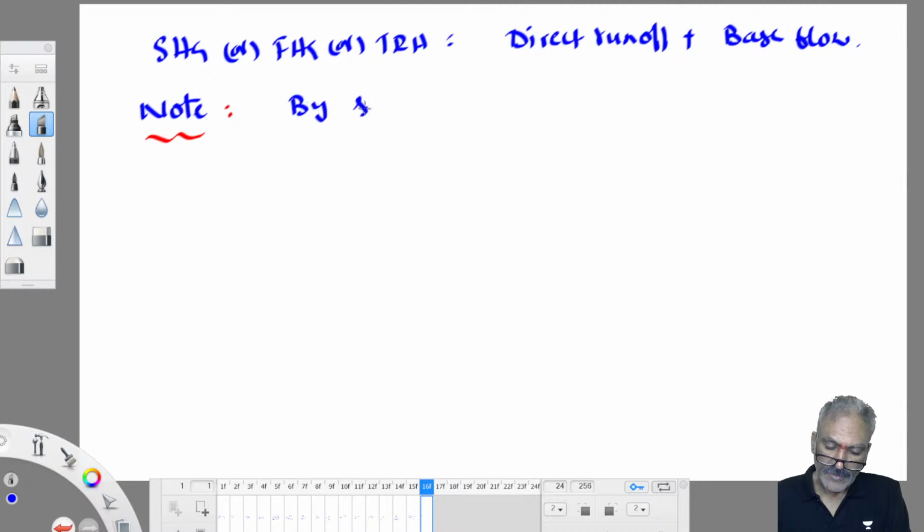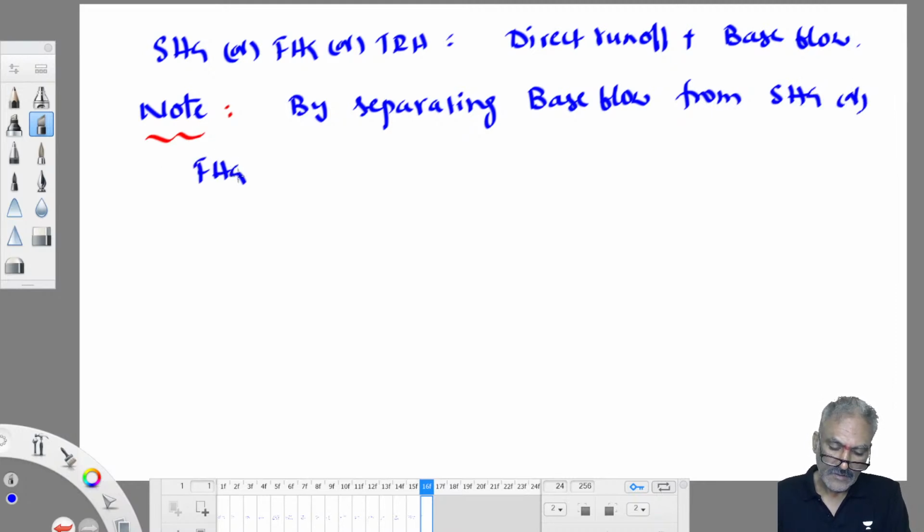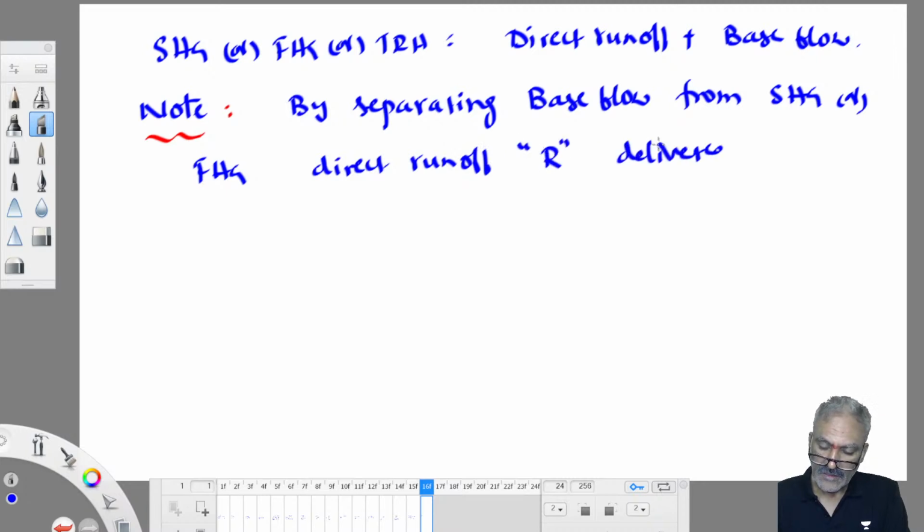By separating base flow from the storm hydrograph or flood hydrograph, the direct runoff delivered by the catchment is estimated.